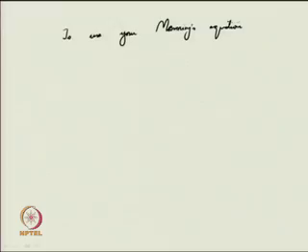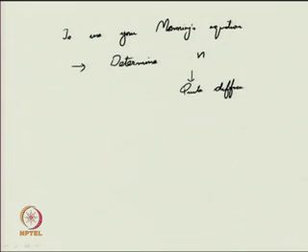So, to use your Manning's equation, you need to determine n, the roughness coefficient n, and to determine it is quite difficult. You have to do many experiments to finally arrive at a particular value of n for any particular surface.